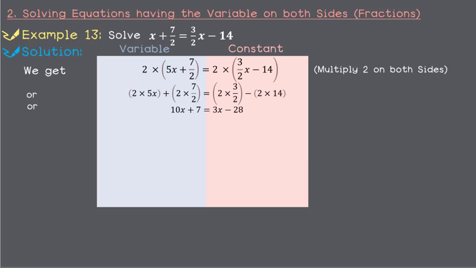The 2's cancel out and we have 7. So the right hand side is equal to 2 times 3x/2, which is 3x, and then minus 2 times 14 is 28.